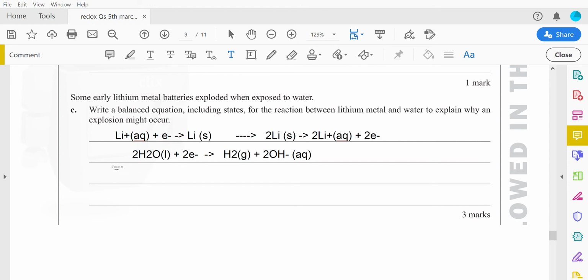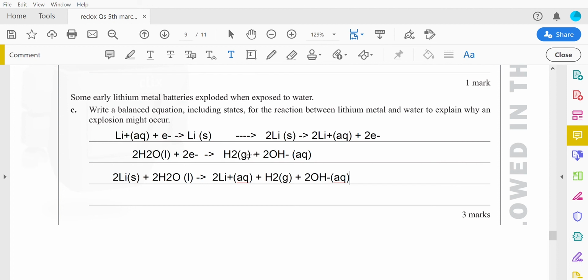And then all I need to do is combine those. 2 lithium solid plus 2H2O liquid, ignore my electrons, produces 2 lithium ions plus hydrogen gas plus 2 hydroxyl ions.